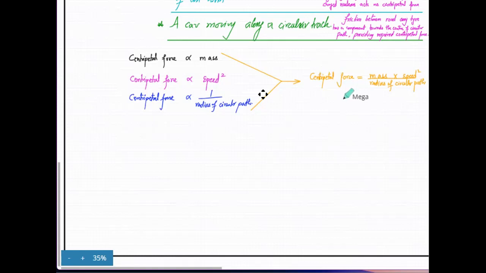In symbolic form, centripetal force is mv squared over r, where m is mass, v is speed, and r is the radius of the circular path.